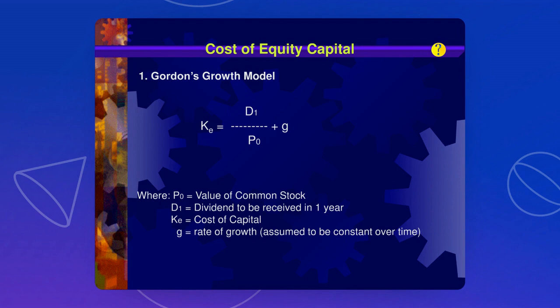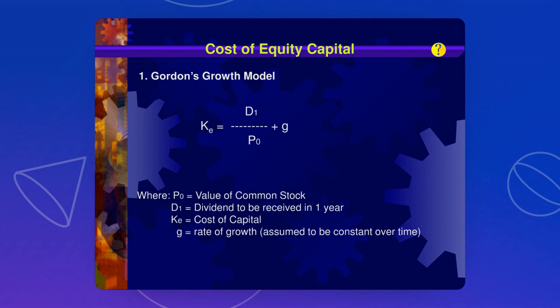Where P0 is the value of your ordinary shares, D1 is the dividend to be received in 1 year, KE is your cost of capital, and G is the rate of growth, assumed to be constant over time. So that's your Gordon's growth model.